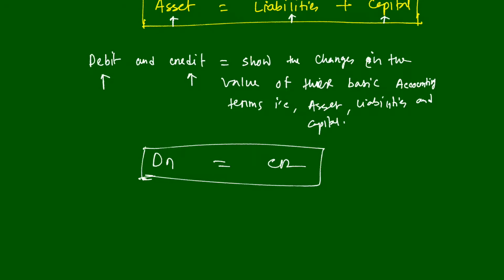We have been using these terms as conventional and age-old traditions. We simply know that the left-hand side is debit and the right-hand side is credit, and they are always equal.